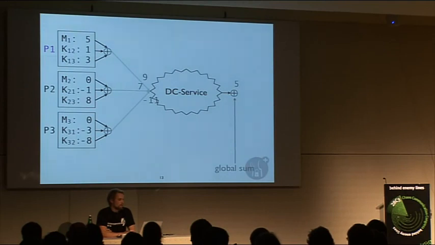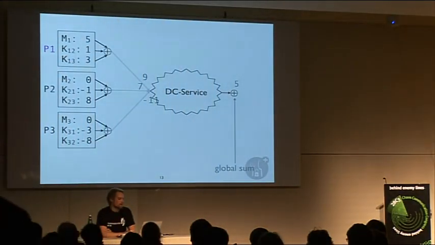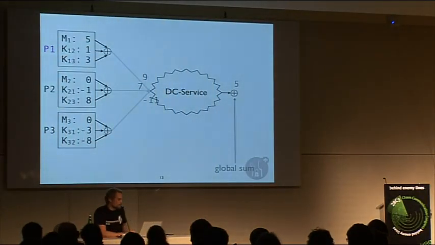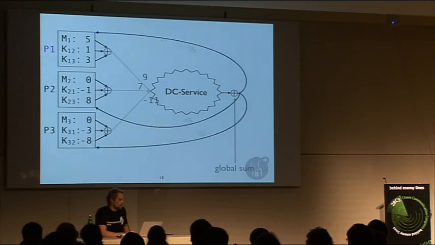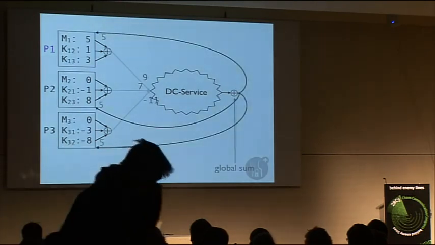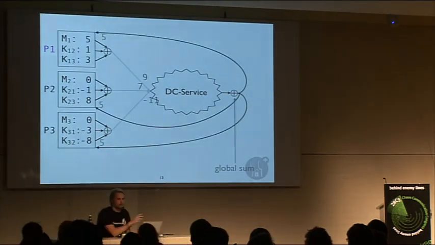To have recipient anonymity, the next step would be for the DC service to broadcast this message, this global sum, back to the participants. This way, the probability that the message is destined for one of the 3 participants is equal, so it's perfect.